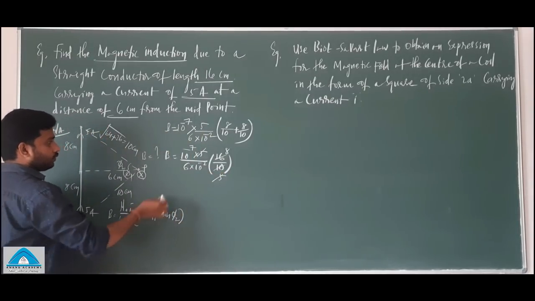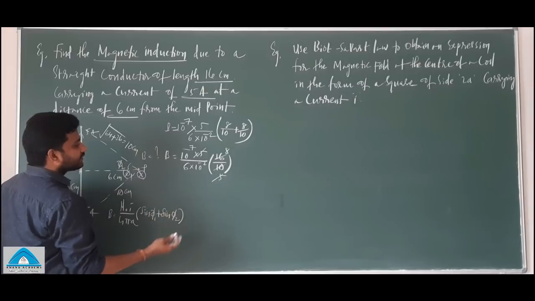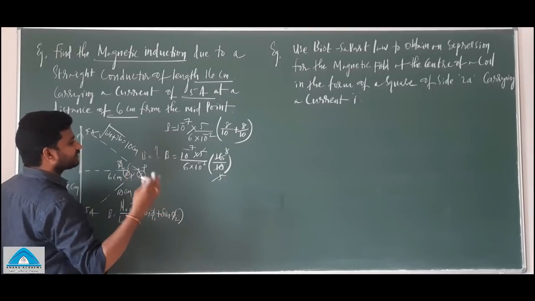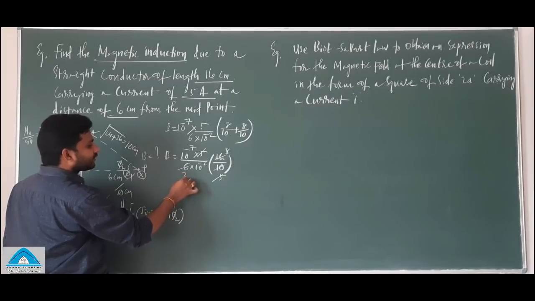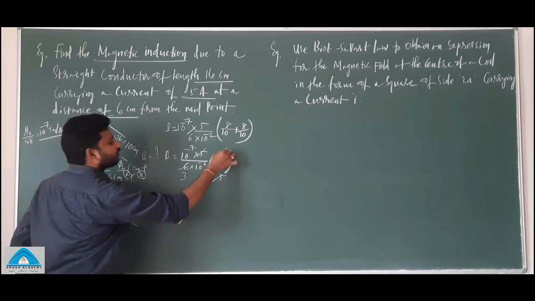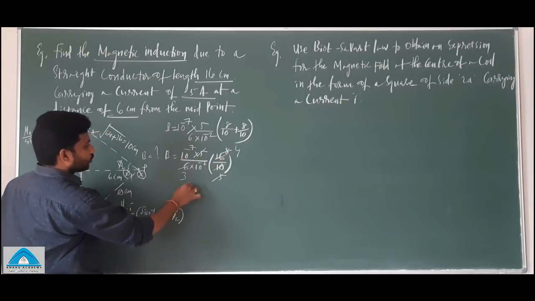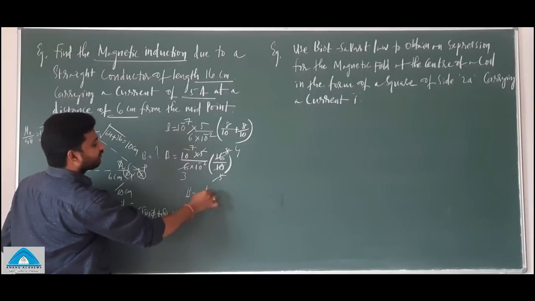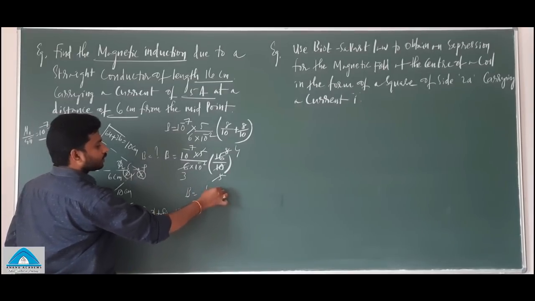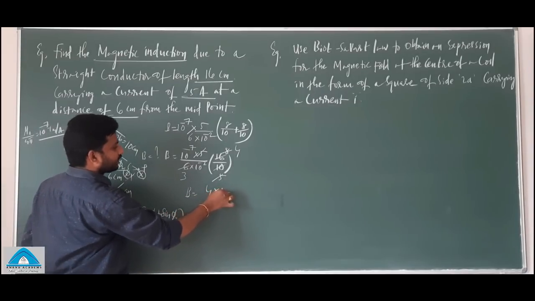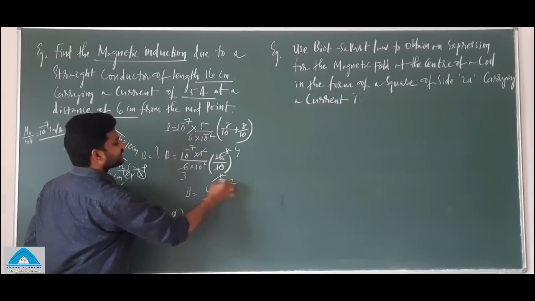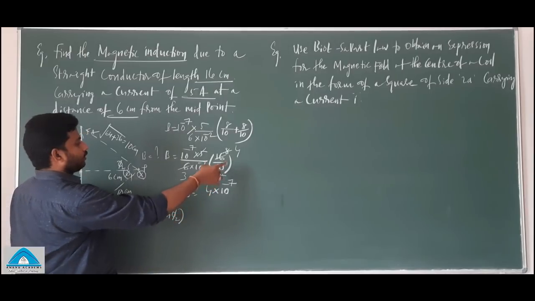Understand? Now, what is remaining? Let us write here whatever is remaining. This is 2 3s and 2 4s. So B is equal to 4 into 10 raised to minus 7.